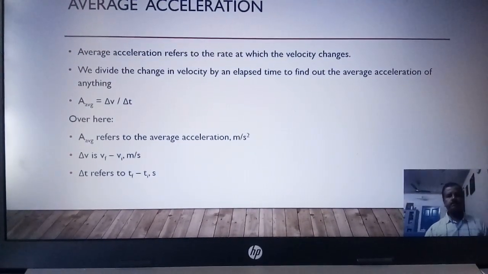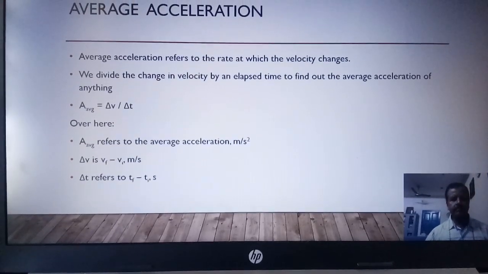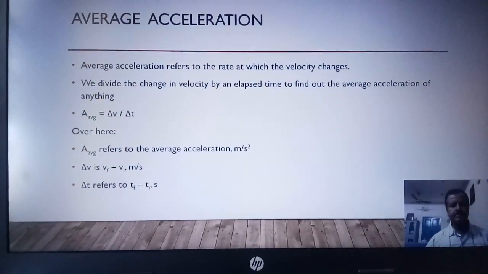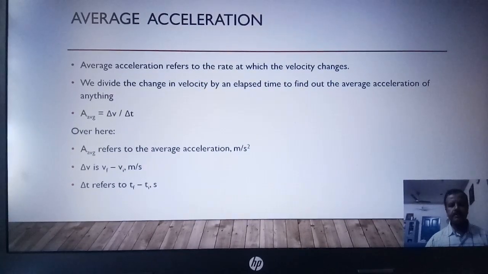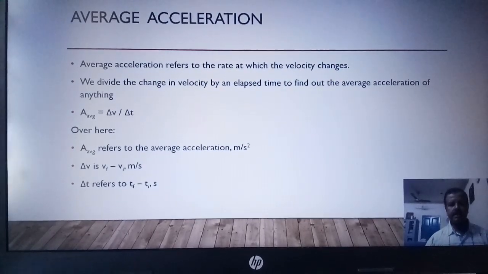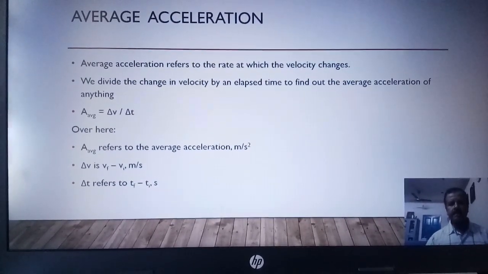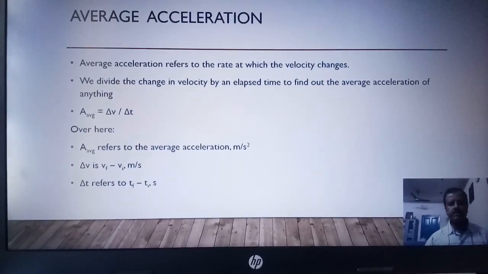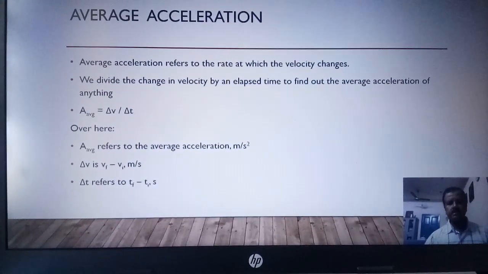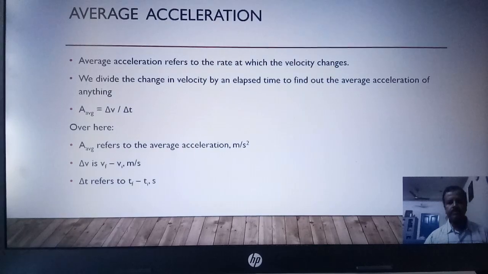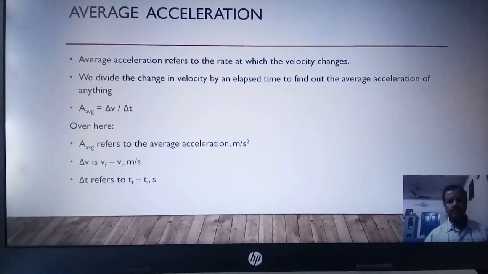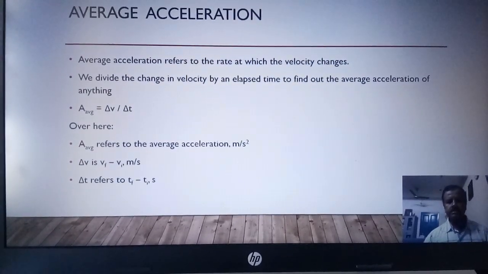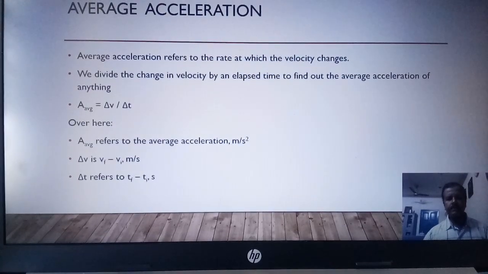Now again, let us go by the calculations of average acceleration. As we studied earlier for average velocity, now it is average acceleration, the time rate at which the velocity changes. The rate at which the velocity changes is giving us average acceleration.